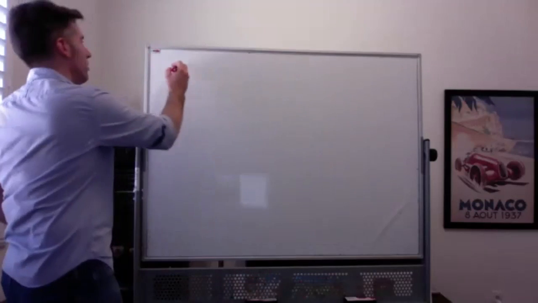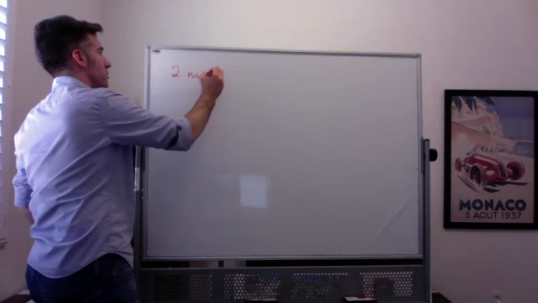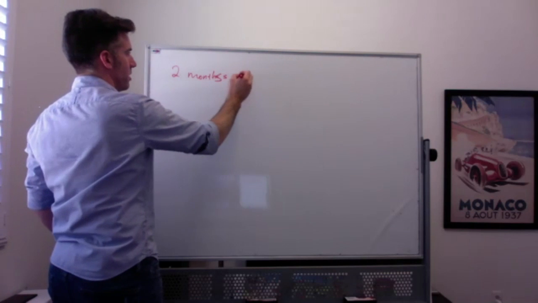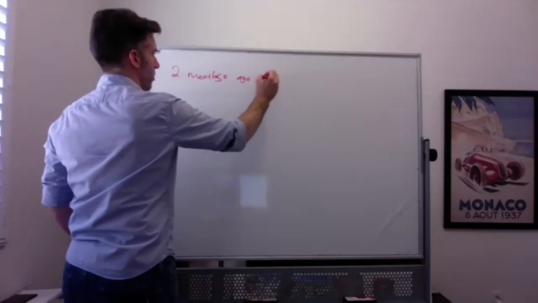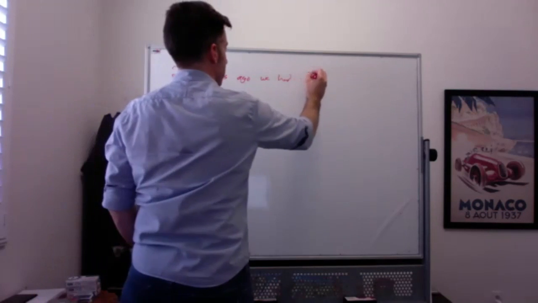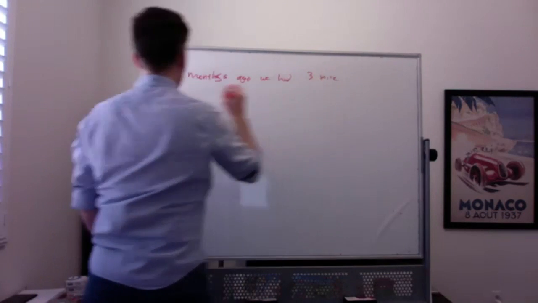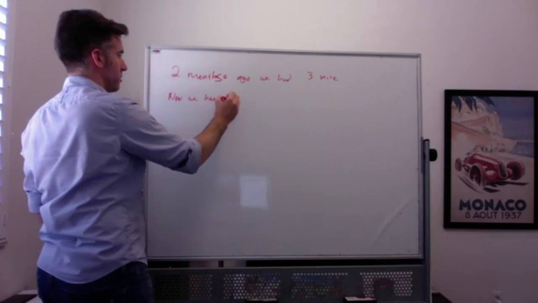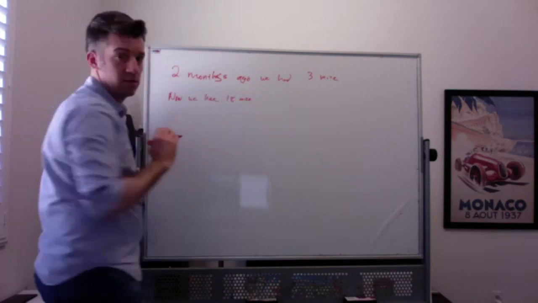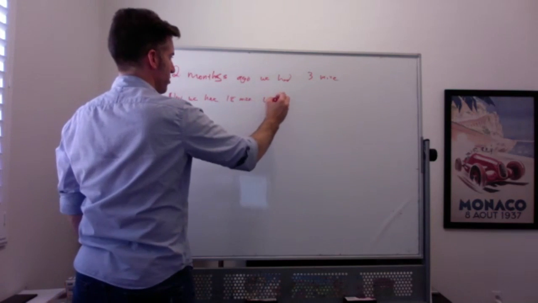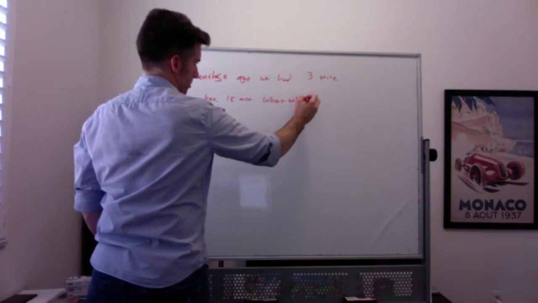So 2 months ago, we had 3 mice. Now we have 18 mice. What will the population be in 2 more months?